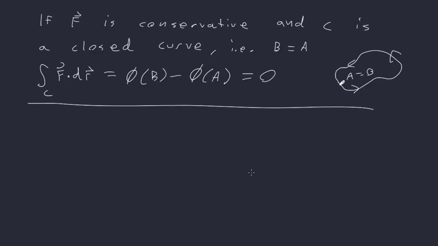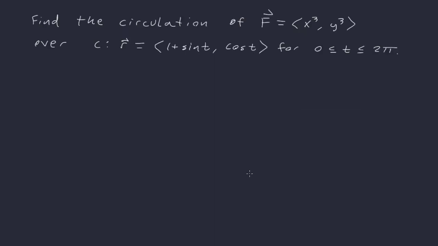That is huge. If you ever see that you're trying to find a line integral over a closed curve and the vector field looks like it might be conservative, it's always a good idea to check to see if it's conservative, because if so, you're going to get 0 out.